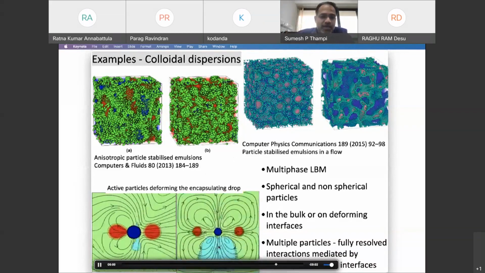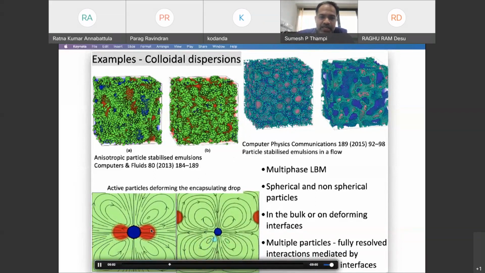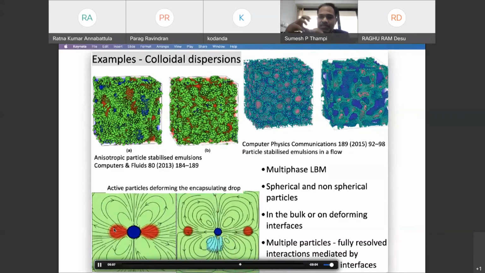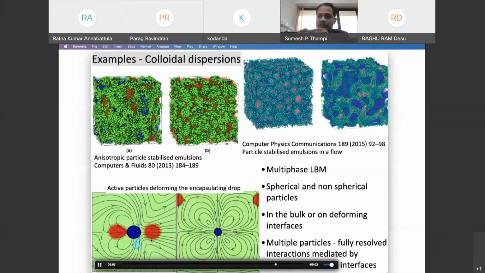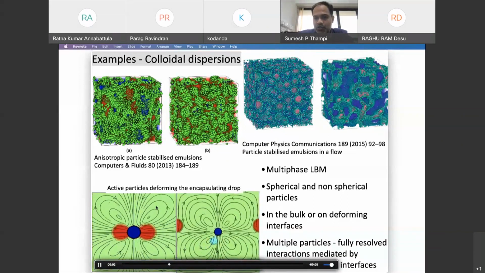Here what you're seeing is the blue is one particle, and the red is a droplet around it, and suppose you shear it in a certain fashion, how the droplet can split and come out, what could be the flow field around it, and so on.